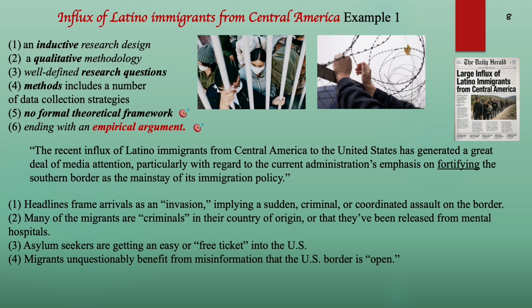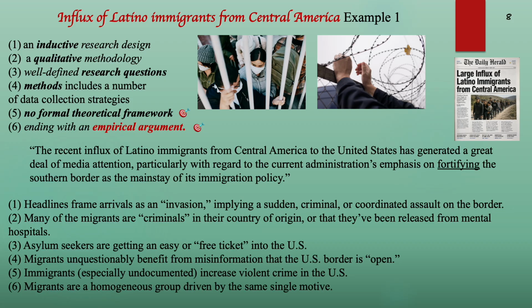Migrants unquestionably benefit from misinformation that the U.S. border is open. 5. Immigrants, especially undocumented, increase violent crime in the U.S. And 6. Migrants are a homogeneous group driven by the same single motive.